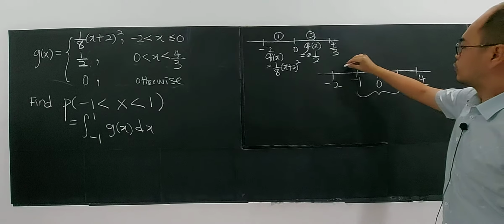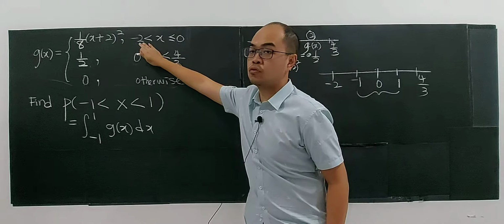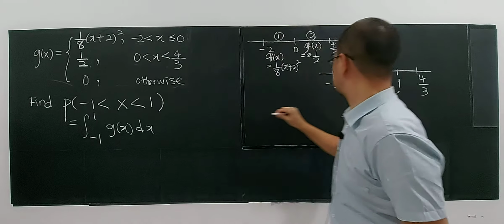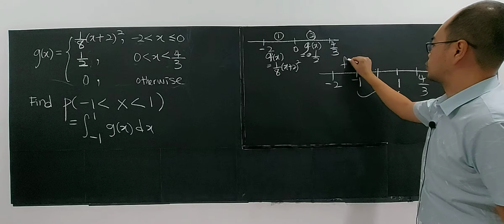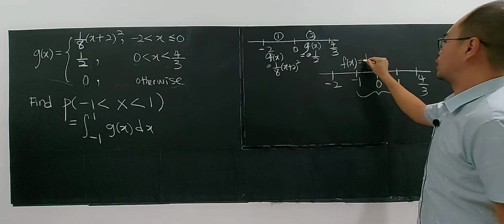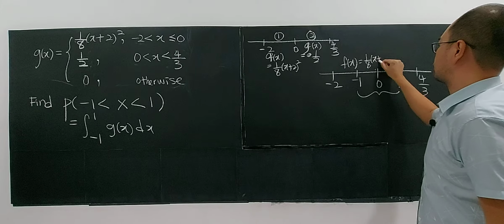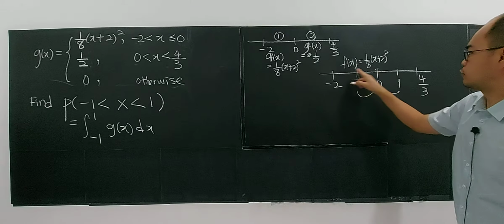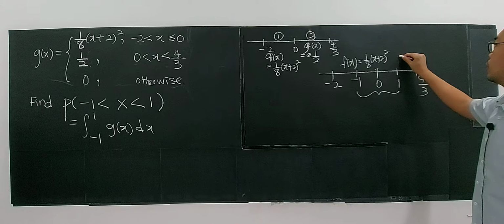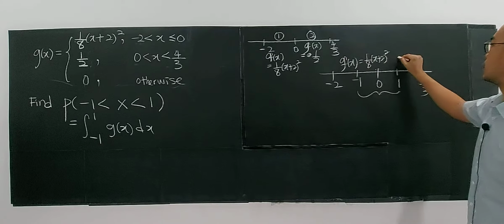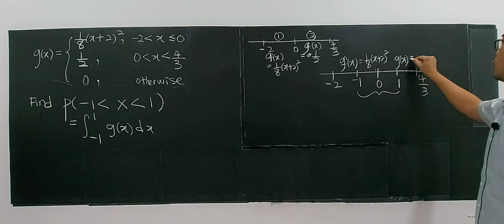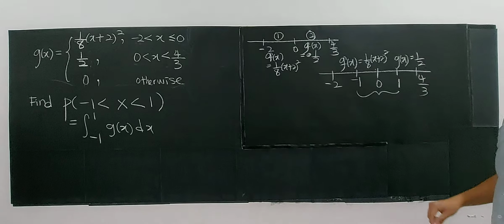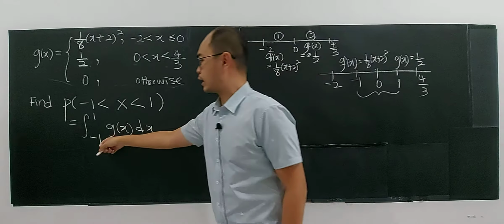But you know that for the interval negative 2 up to 0, the function f(x) is 1 over 8 times (x plus 2) squared. From 0 up to 4 over 3, the g(x) will be 1 over 2. So now we want to integrate from negative 1 up to 1.